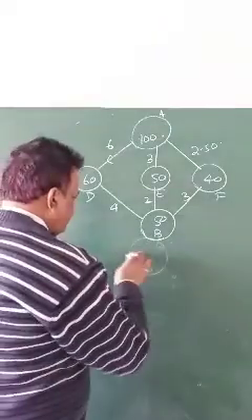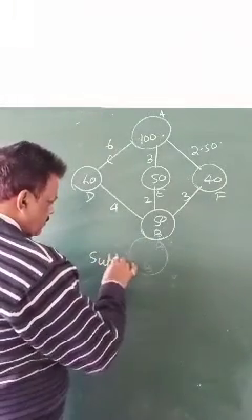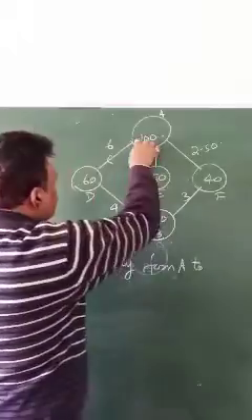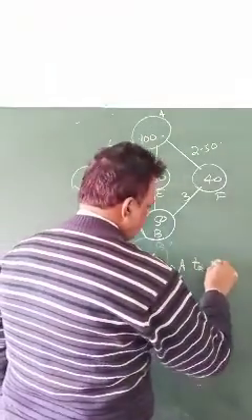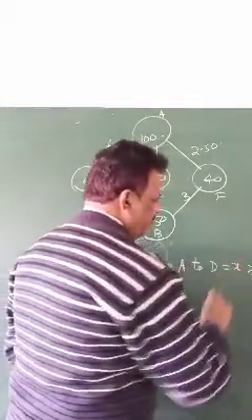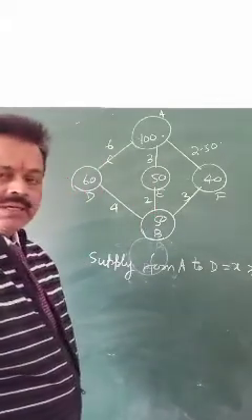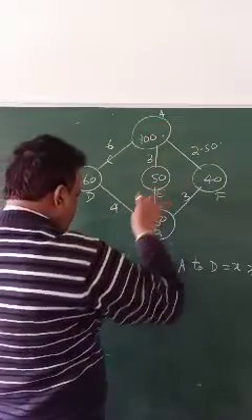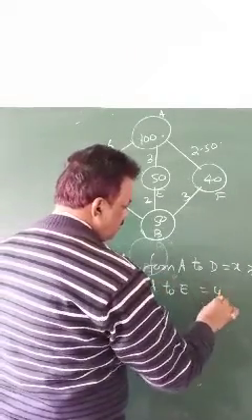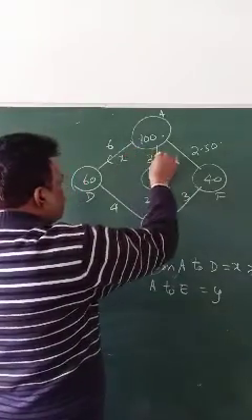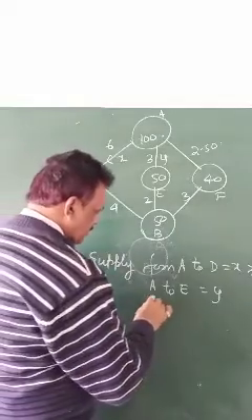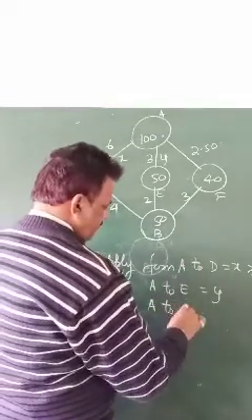Suppose supply from A to D is x, which is greater than 0. Quantity A to E is y. Means here you are giving x, here you are giving y. Got the point?